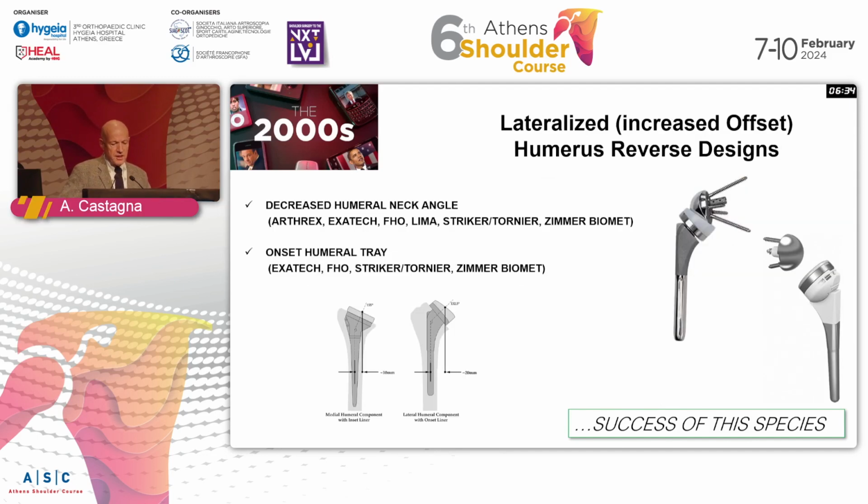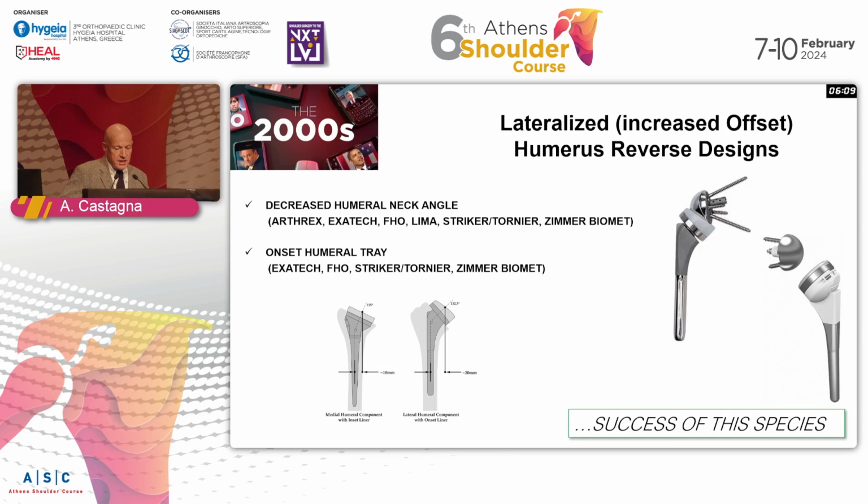Then we started thinking that we needed a better aspect also on the humeral side. So we started thinking about an increased offset, which is a more appropriate definition than lateralized humerus reverse design. So starting by decreasing the humeral neck angle, you see the list of the many products on the market with this, and the onlay humeral tray, and again the list of it.